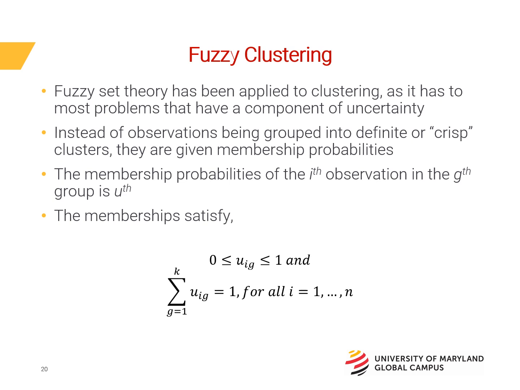Fuzzy clustering is a type of clustering algorithm that allows data points to belong to multiple clusters with varying degrees of membership. Unlike traditional hard clustering methods like k-means, which assign each data point to a single cluster, this one assigns each data point to every cluster with a membership value between 0 and 1, which represents the probability of membership.